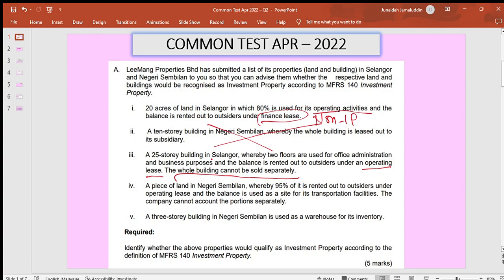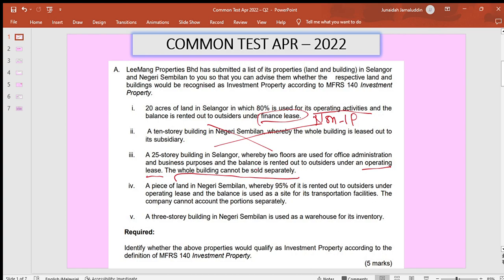There are only 2 floors used for office administration. 2 over 25 is 8% only. Therefore, we can conclude that the portion is insignificant to the arrangement of the property as a whole.